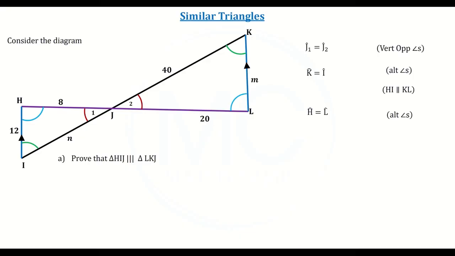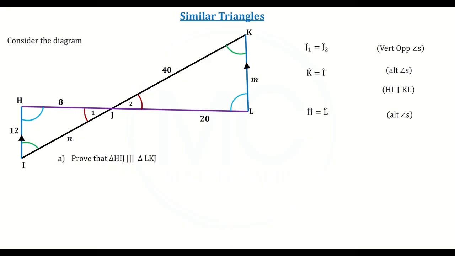So these are corresponding angles, which we have proven are equal. Finally, J is the third letter in HIJ and in LKJ. J1 lies in triangle HIJ, and its corresponding angle J2 lies in triangle LKJ. And we have proven that these corresponding angles are equal as well.